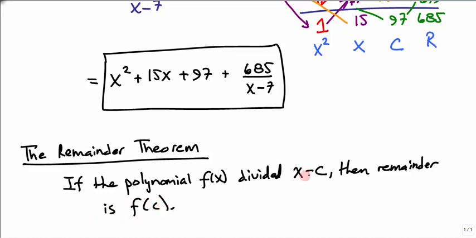Now notice that that's the opposite of what it appears here. So if this said x plus c, then the remainder would be f of negative c. But if this is x minus c, we use the opposite to plug in here.